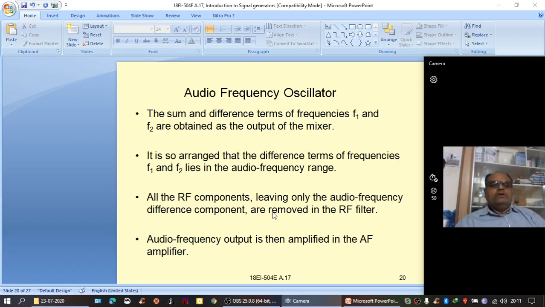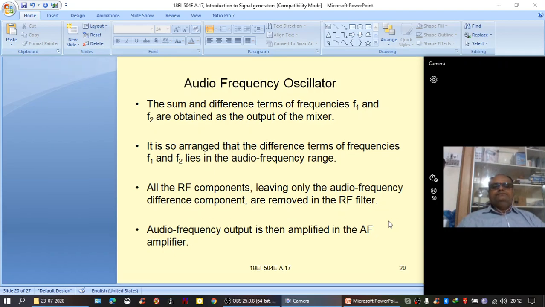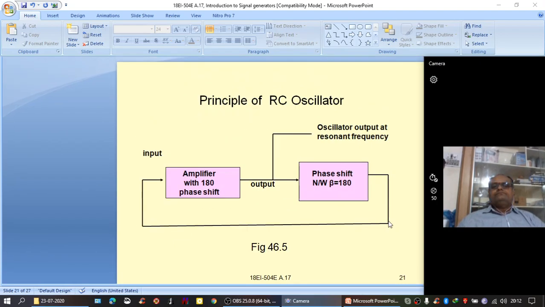That is, whatever is the radio frequency is filtered out, and only the audio frequency difference signal is left and is produced at the output of the BFO. The audio frequency output is then amplified and given to the output as an audio frequency signal. So that is all about the beat frequency oscillator.